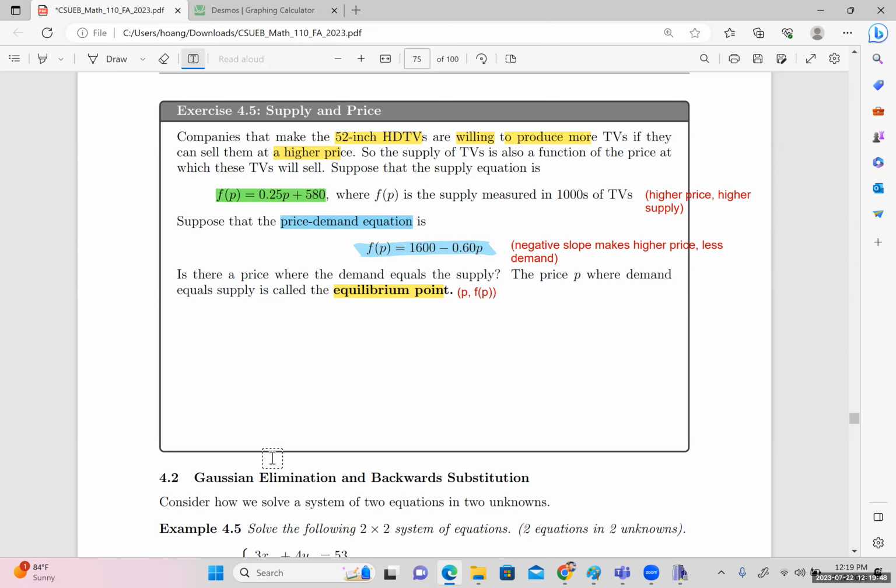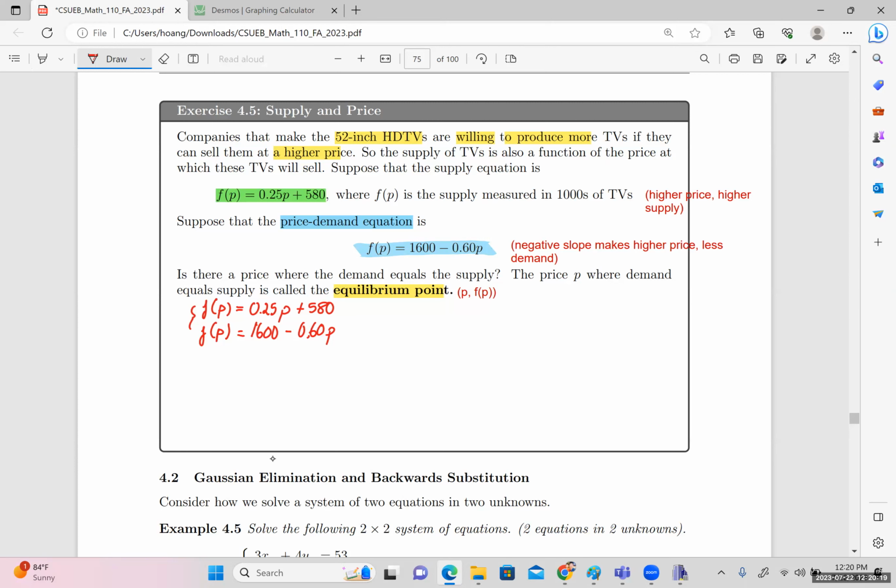So we can set up the system of equations as f of p equal to 0.25p plus 580, and the other one f of p equal to 1,600 minus 0.6p.